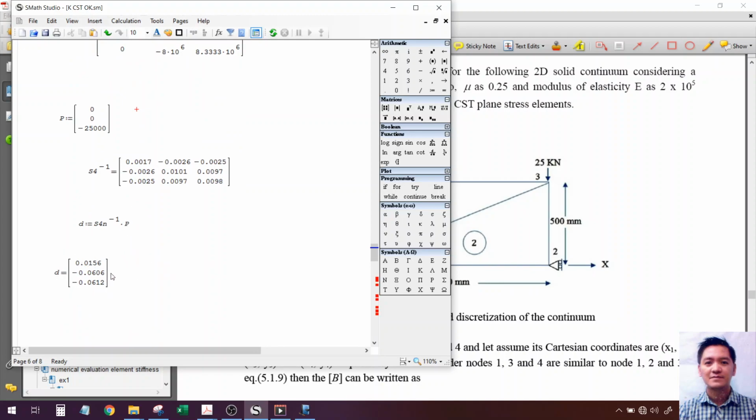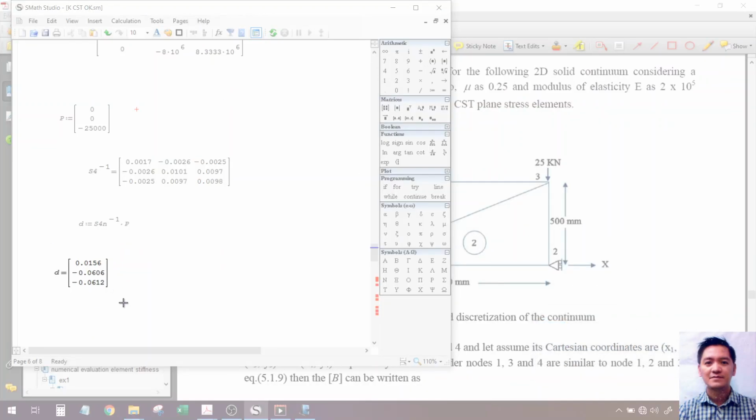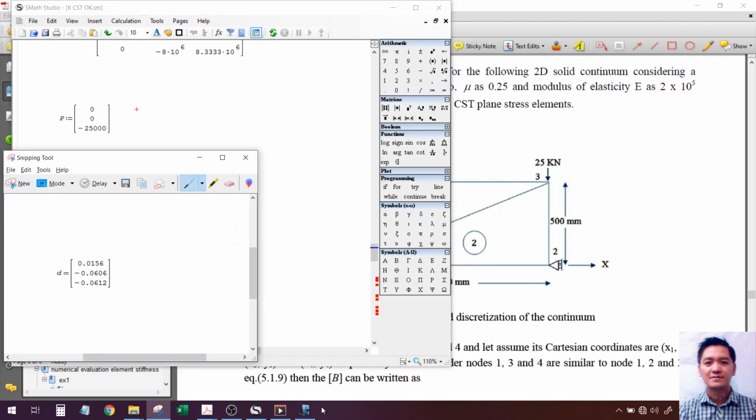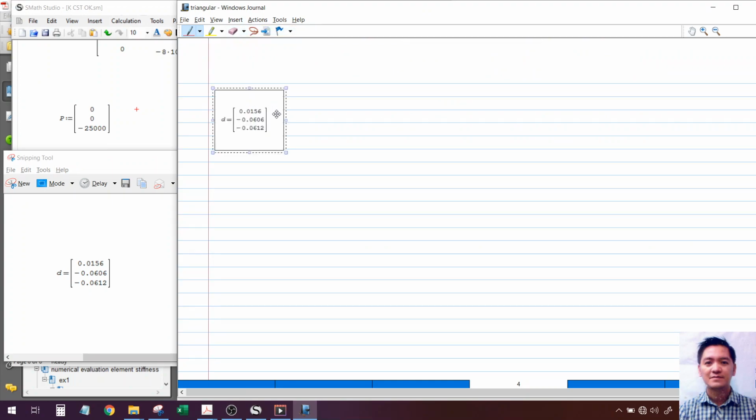So 25,000 apply and you have this displacement. Negative 0.156, 0.0606. Copy ko to. So, insert new page. So, yan daw yung displacement. Remember, ang code natin dito ay 285. This is for 2. This is for 8. This is for 5.